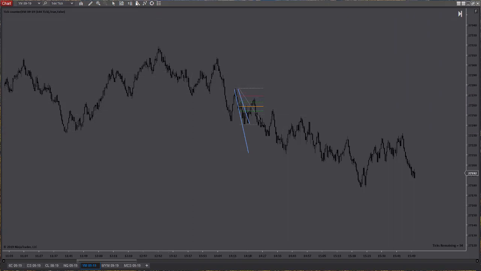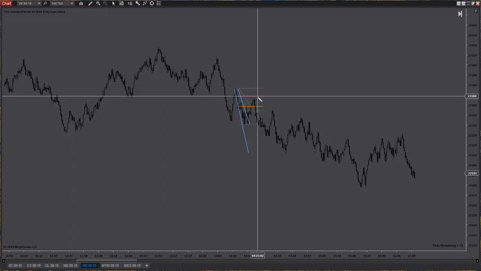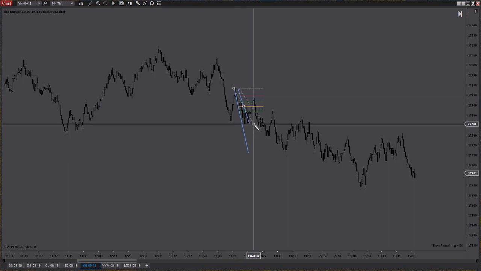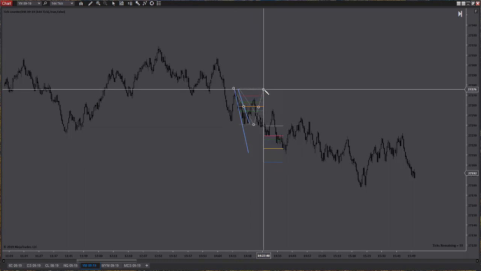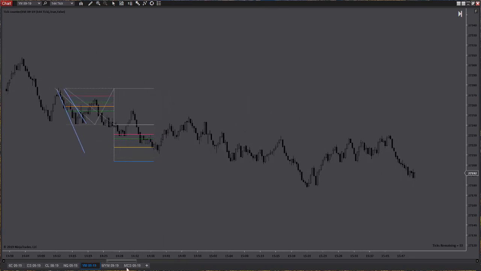Sorry, I'm gonna press F9, it stops the recording. Let's make this fat. You see, even on a micro scale, it doesn't matter. You can use these things very precisely to project possible targets, possible areas of correction, possible areas of profit target.